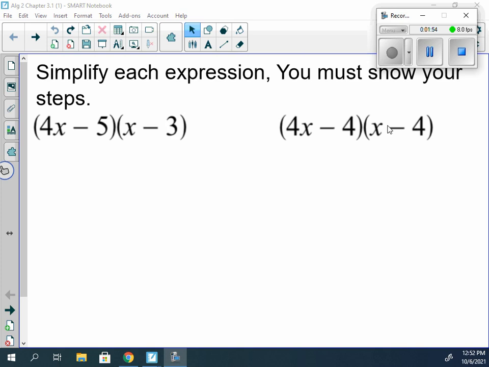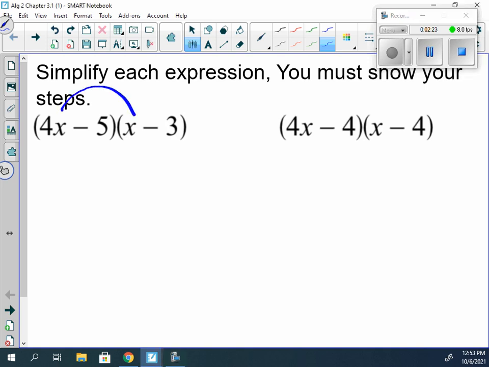Now, what we're going to do today, tomorrow, and Friday is factoring. We'll work through this first, following the main steps. Hopefully, y'all will find this easy. Multiplying these two together, y'all did this in Algebra 1, is the distributive property.